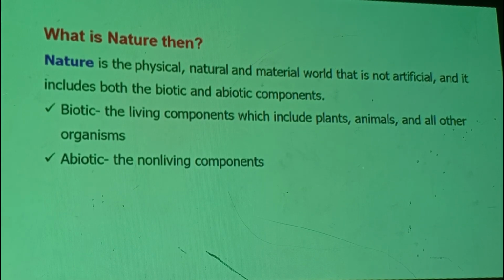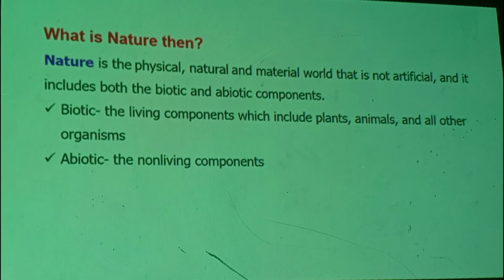And then we may divide nature into two: biotic, the part of nature which has life, which is the domain of biology, of course, and abiotic, the part of nature which is non-living, like the soil, the rocks, the atmosphere, celestial bodies, the mountains, the land.